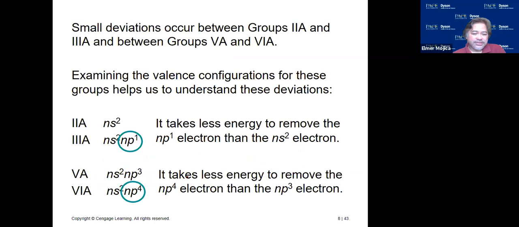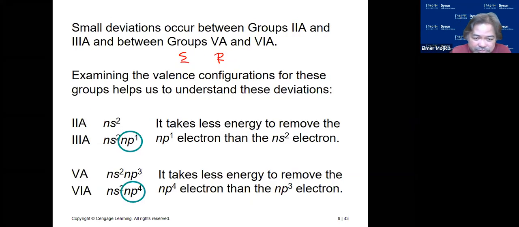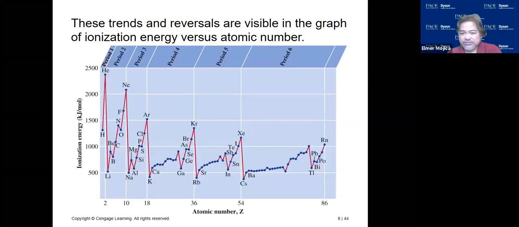Okay? Because there's the S and the P orbital. So they found out that in some of these sequences, there's a little bit of anomaly. But if we're going to look at the general trends, top to bottom decreases, left to right increases. Okay, and if you want to see what I mean here, all you need to do is look at this.